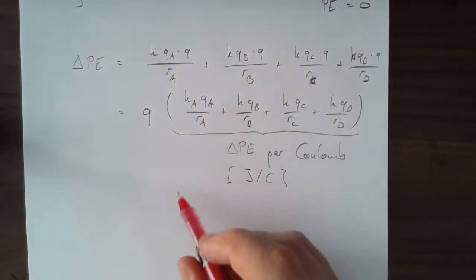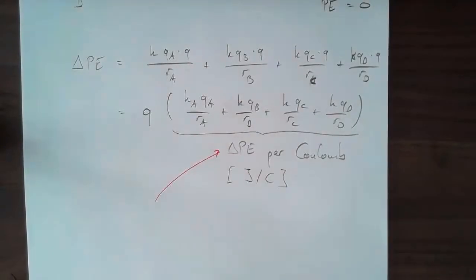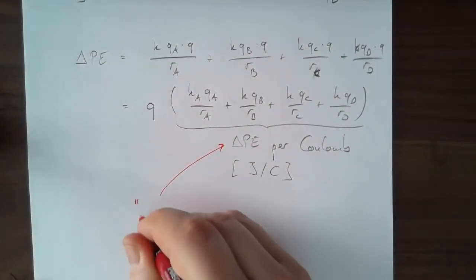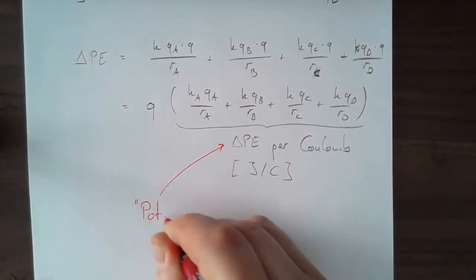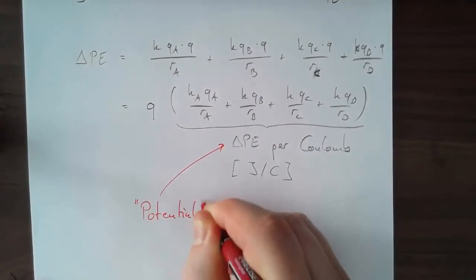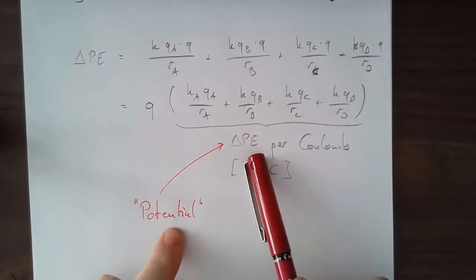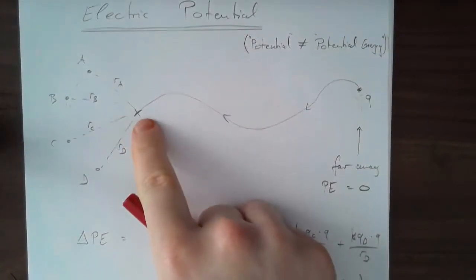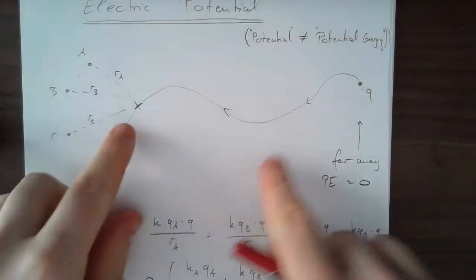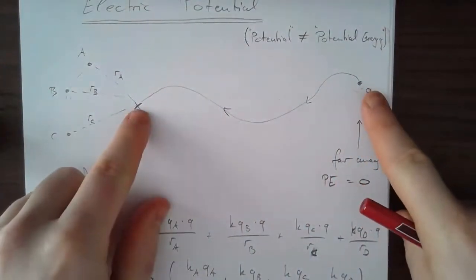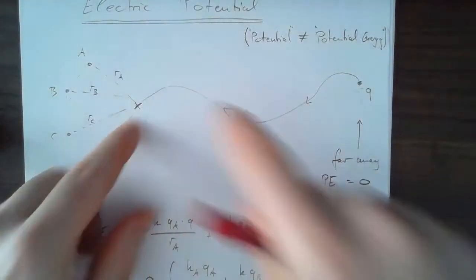So this thing I'm going to call the potential, not the potential energy, just the potential. So potential at this point, or the potential difference between far away and this point. What's the change in potential energy?